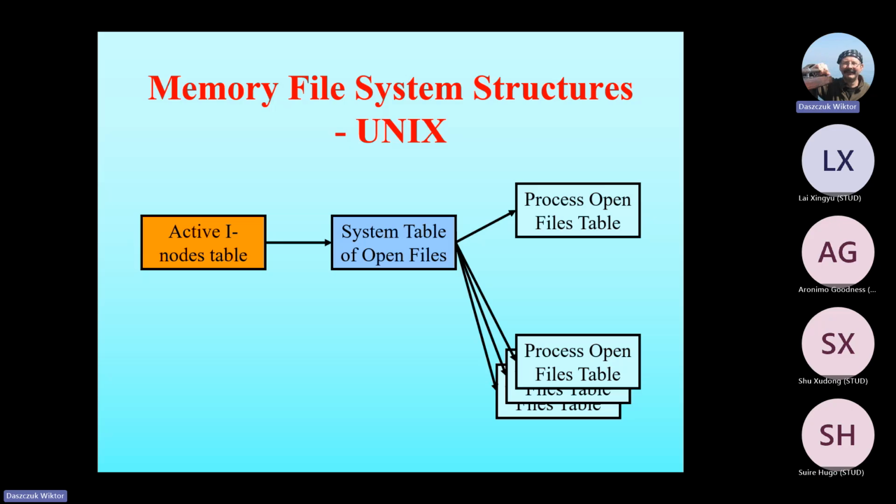There is one inode that is always kept in this table. What is it? Root directory of main device, of main disk. It is always kept in this table. Okay.